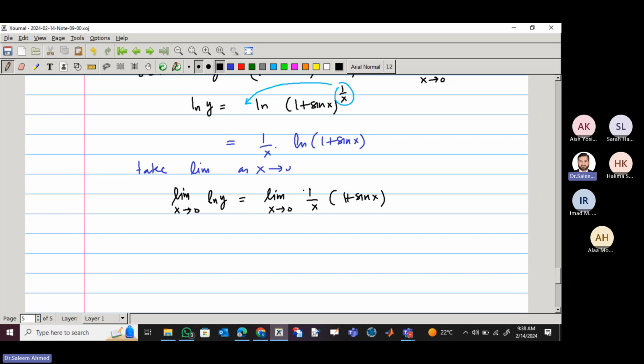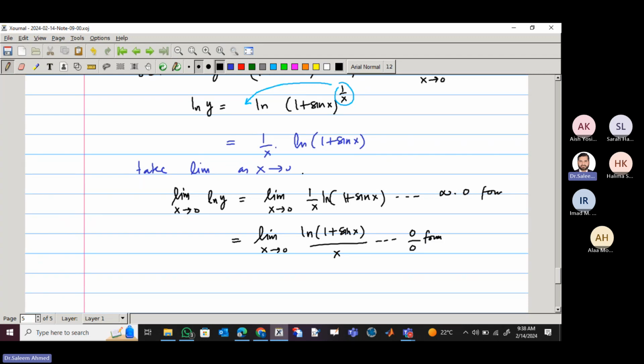So this is now infinity, 1 over x is infinity, into log of 1 plus sine x, where 1 plus sine x is 1, and log of 1 is 0. So infinity into 0 form. But it is automatically a 0 by 0 form as well, because log of 1 plus sine x is 0, and I can write 1 over x in the denominator, divided by x, which is 0. So this is 0 by 0 form.